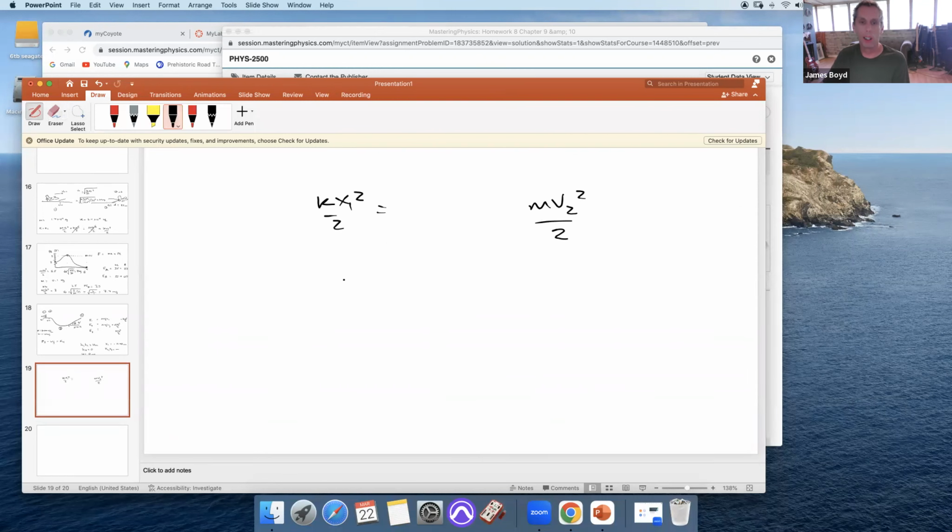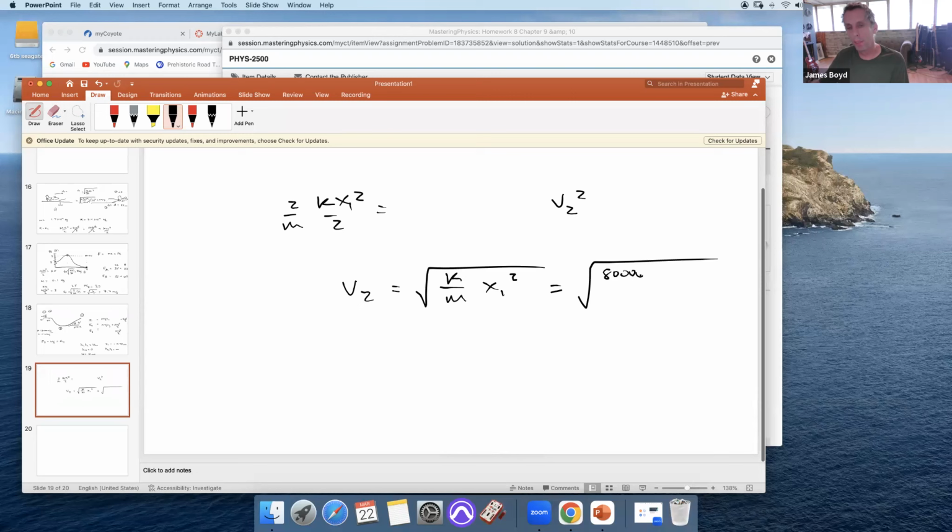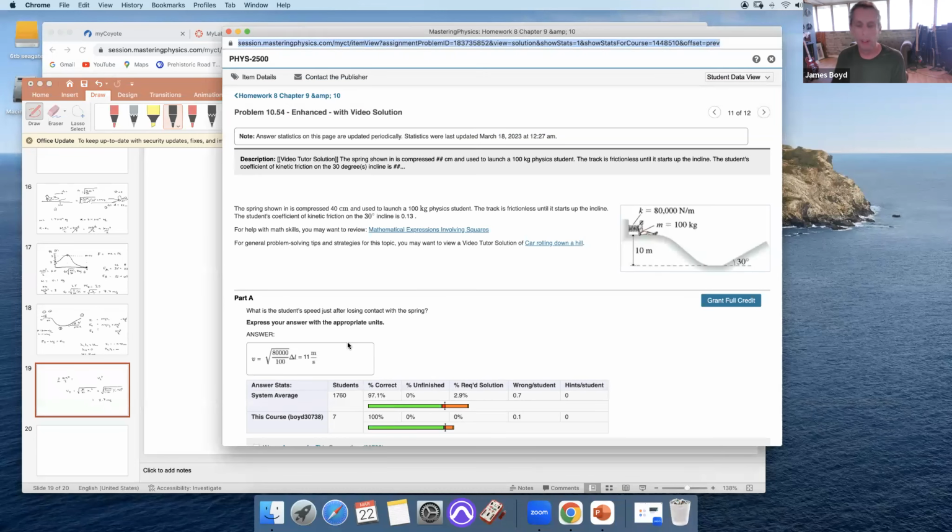So V2 is equal to the square root of k over m times x1 squared, which was 80,000 divided by 100 times 0.40 squared. This is 800 times 0.4 times 0.4, and the square root of that answer is 11.3 meters per second, or 11, okay?